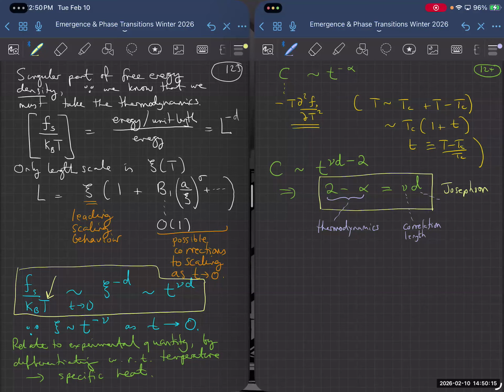And then unexpectedly, we have the spatial dimension coming in. So if you just saw this, then you would already know that the critical exponent would depend on spatial dimension, which you wouldn't know before. And in fact, Josephson derived this in the 1960s.